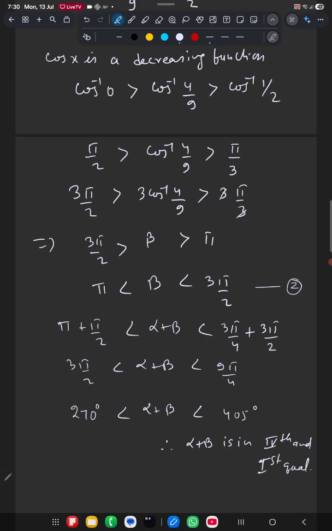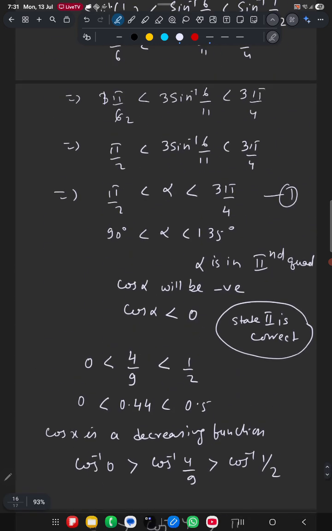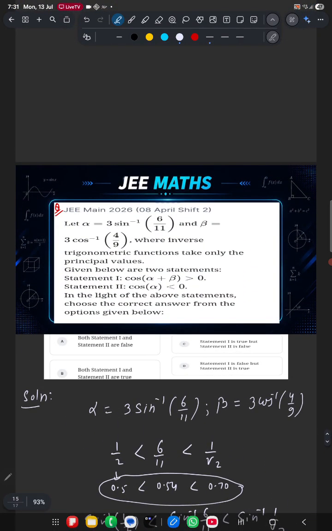And in both quadrants cos of alpha plus beta will be positive, because cos is positive in the first and fourth quadrant. Therefore cos of alpha plus beta is greater than 0, and this is statement 1.